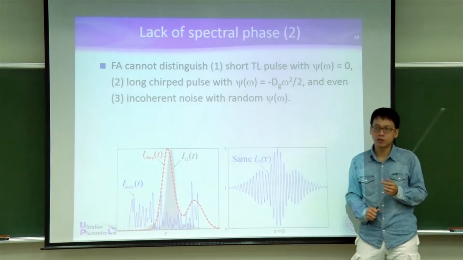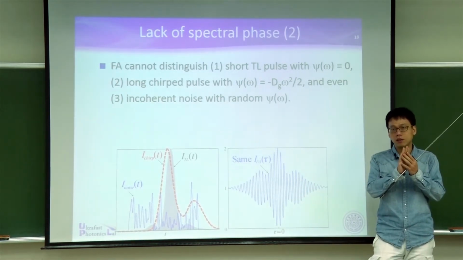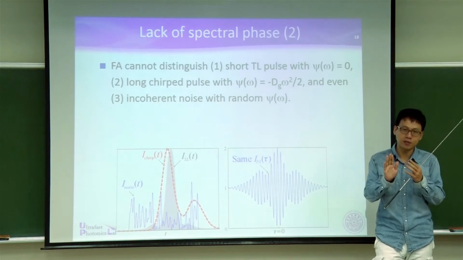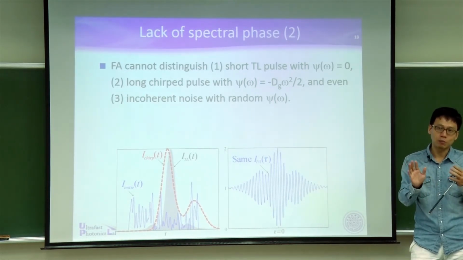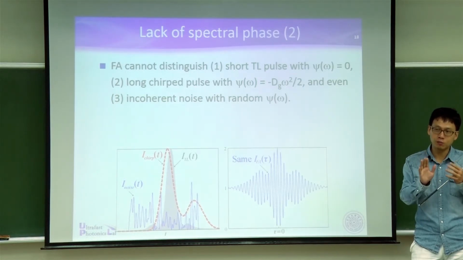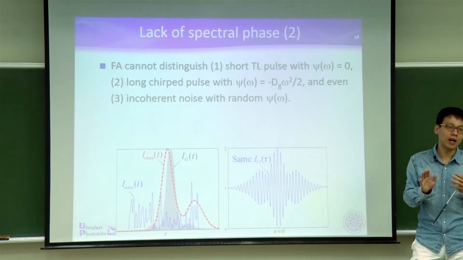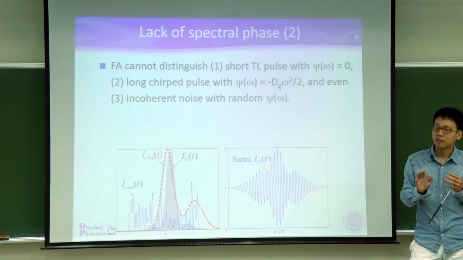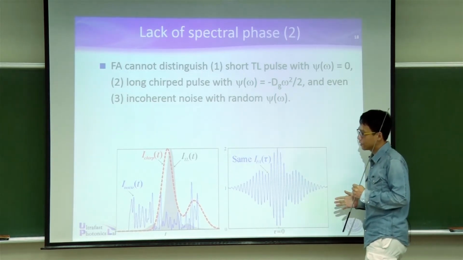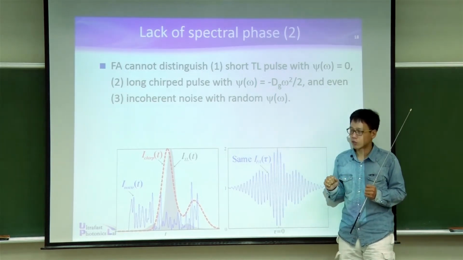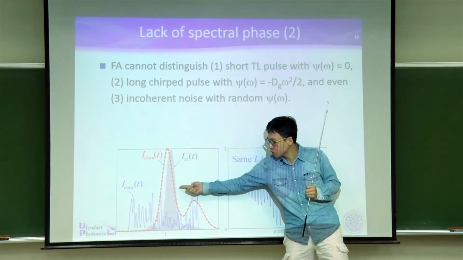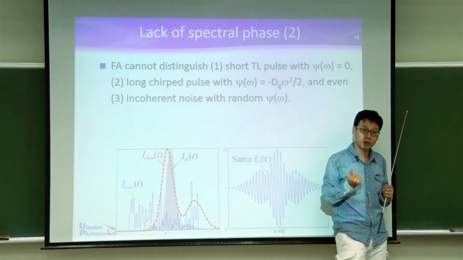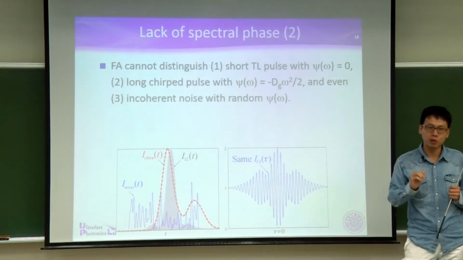So as we mentioned, when the delay is larger than the pulse duration, the overlap is small, right? So the product is small, so you have a small autocorrelation value. So you can expect the correlation width of the field autocorrelation trace to be related to the width of the transform limited pulse, in the same order.